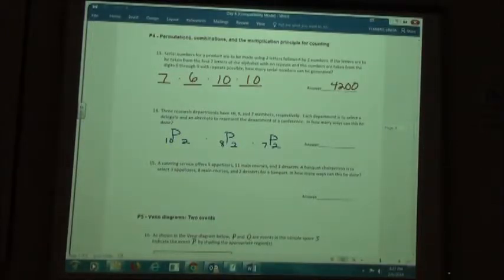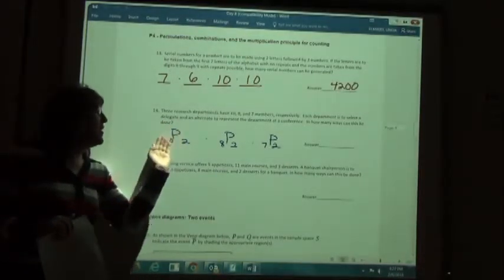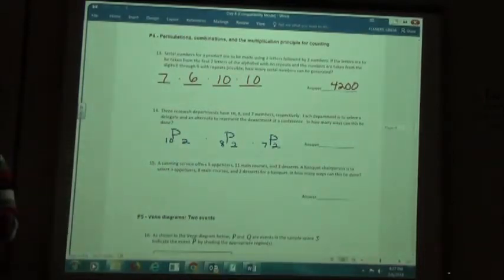Instead of doing the long way, we're going to use our calculators, because that's why we're learning how to use our calculator. So we have to calculate a permutation of 10 things taken 2 at a time. We're going to put in the 10, hit the math button, number 2 for permutation, and then put in the number 2 for 2 at a time. What do we get for our answer if we do that?